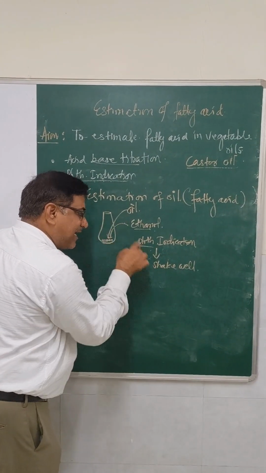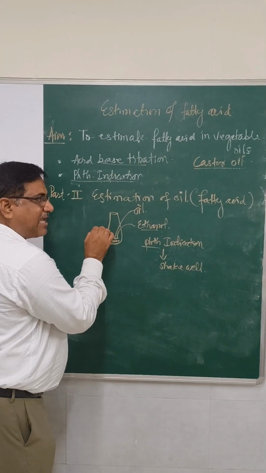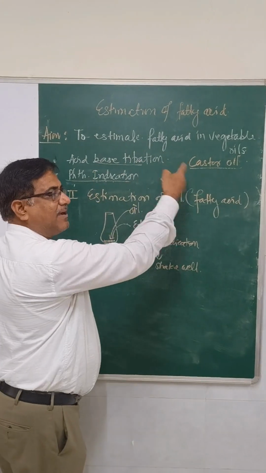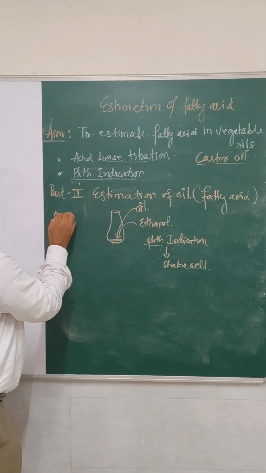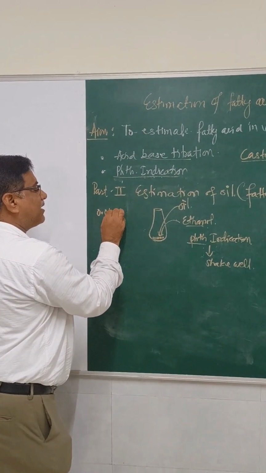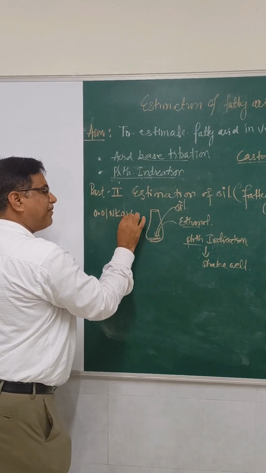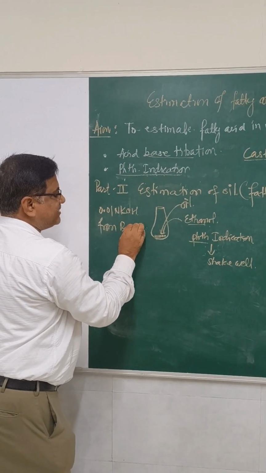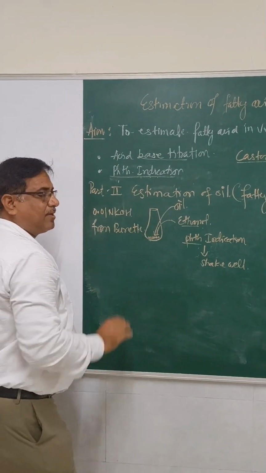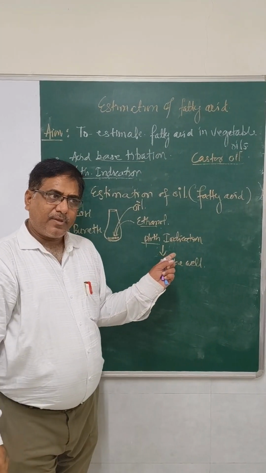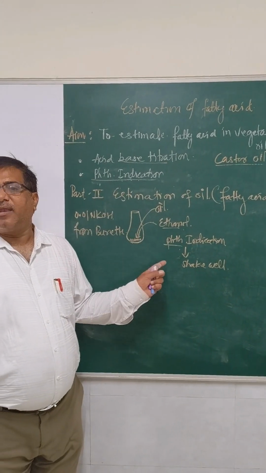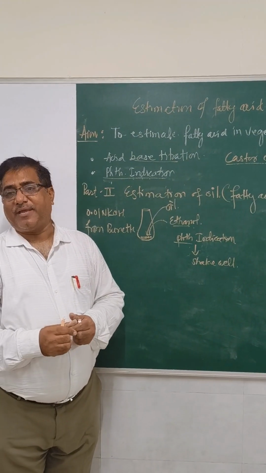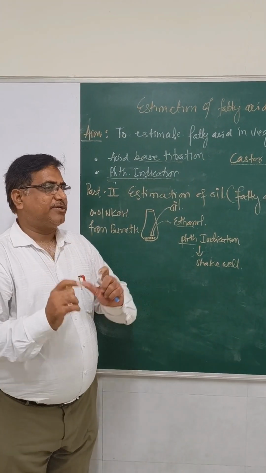Then you titrate this solution directly against the 0.1 normal KOH from the burette, है ना? इसको हम लोग burette से titrate करेंगे till the pink color appears, light pink color, and you record the reading.